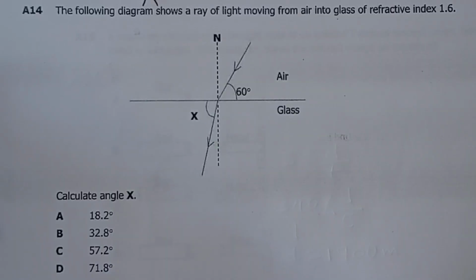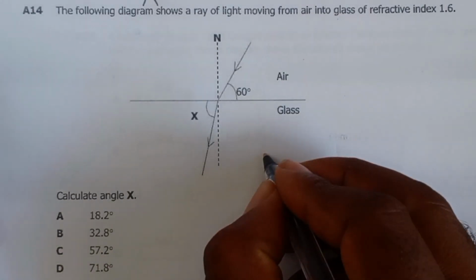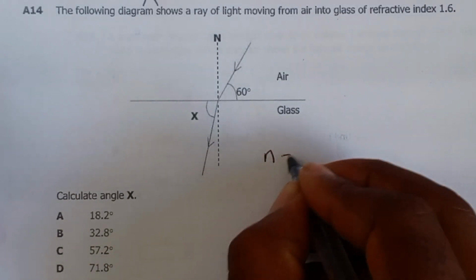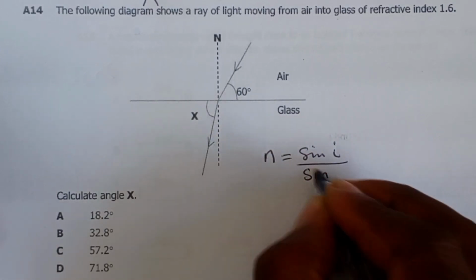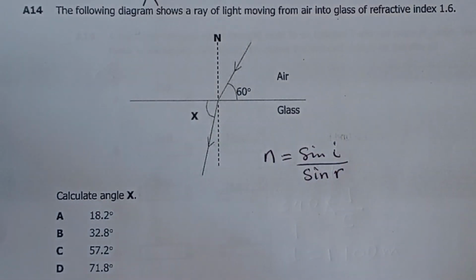Number 14. The following diagram shows a ray of light moving from air into glass of refractive index 1.6. Calculate angle X. So refractive index is equal to sine I over sine R, where sine I is the angle of incidence, where sine R is simply the angle of refraction.